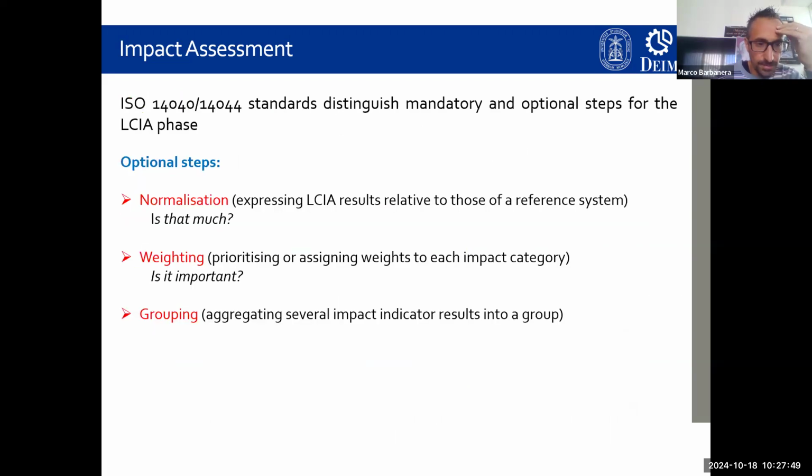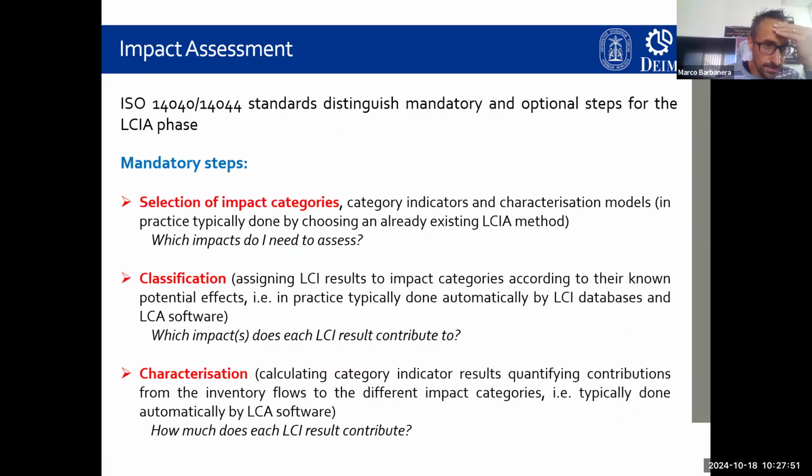In particular, we have said that each impact assessment method is structured into different steps, mandatory steps and optional steps. We have said that according to the ISO standard, the first step is the selection of impact categories.